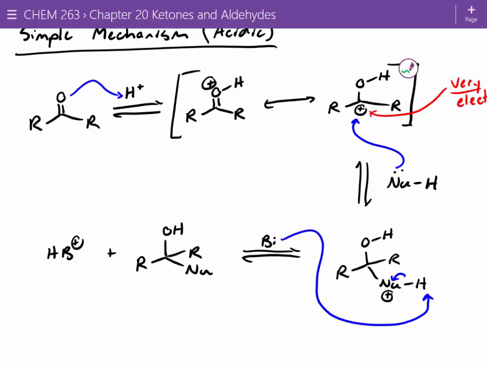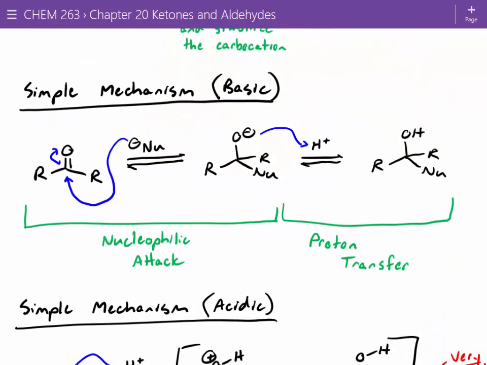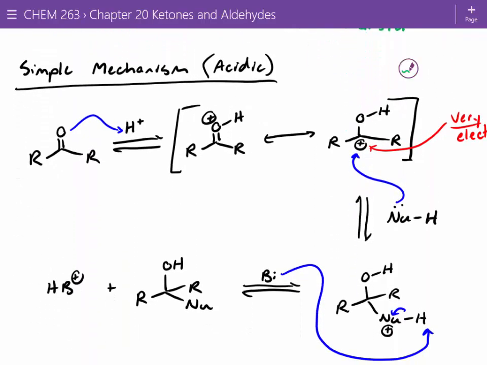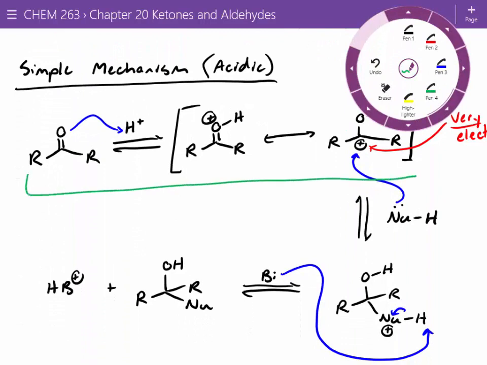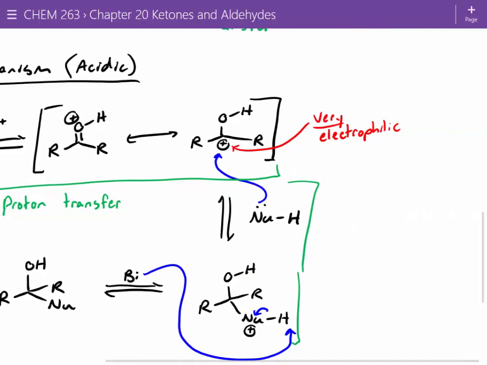All right, so these are two relatively similar reactions. The key is for the basic mechanism, the first step is the nucleophilic attack followed by proton transfers. In the simple mechanism, the first step is your proton transfer, followed by your nucleophilic attack.